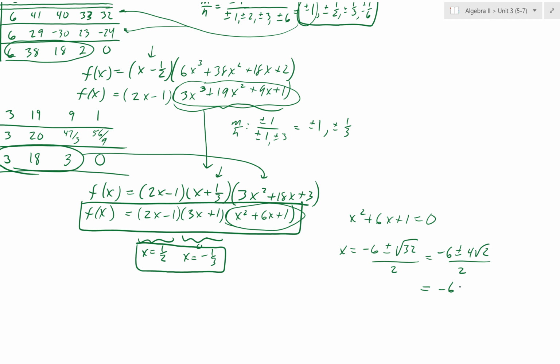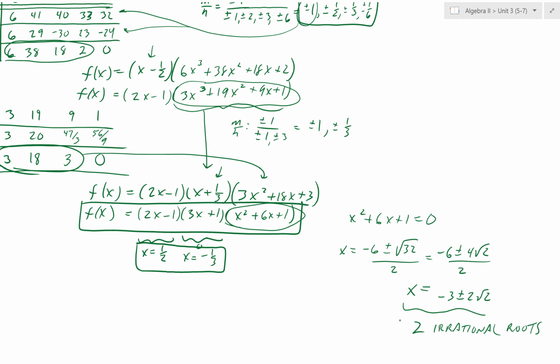That's actually negative 3 plus and minus 2 root 2. And so we see that they are real, but they're irrational. So this gives us 2 real irrational roots.